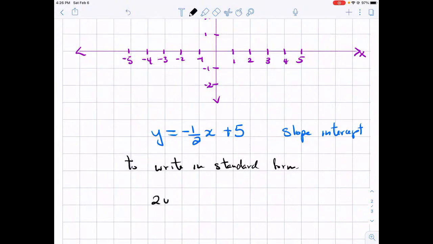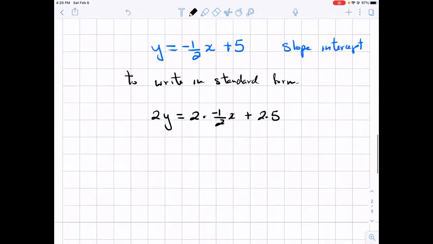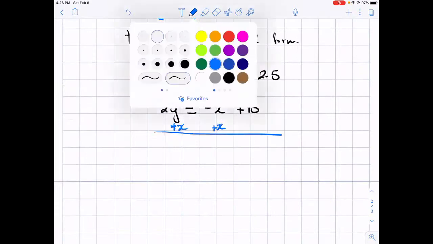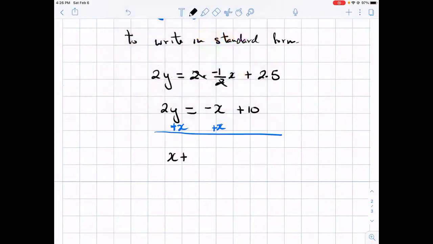This becomes 2y is equal to 2 times minus 1/2 x plus 2 times 5. If I do this, we have 2y is equal to, the 2's cancel out, minus x plus 10. Then if we add x to both sides, because in standard form the x and y have to be on the same side, we have x plus 2y is equal to 10. And here we have our standard form.